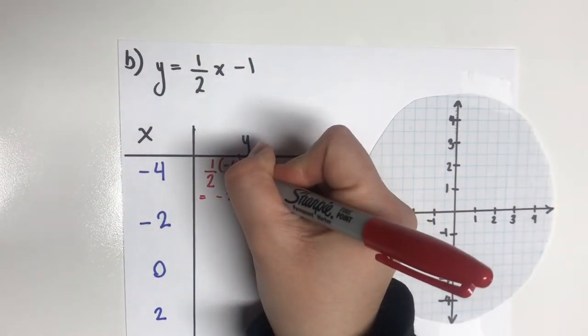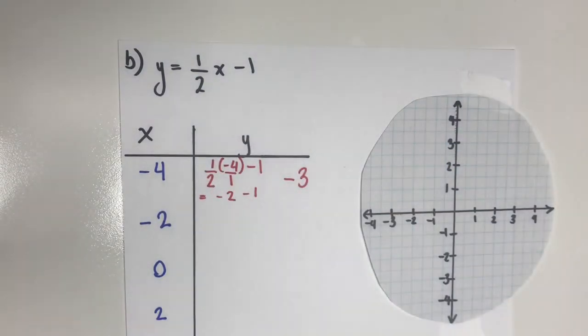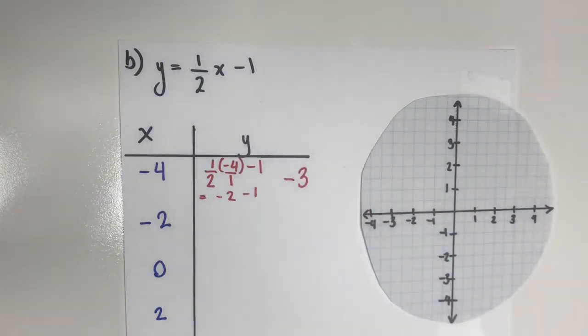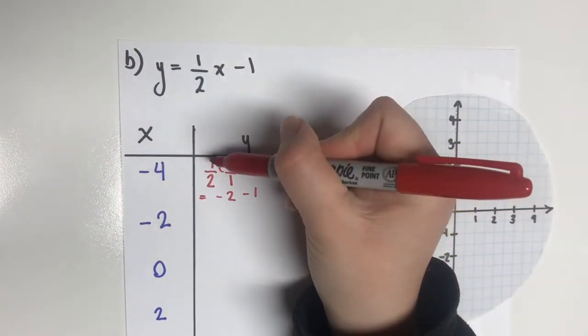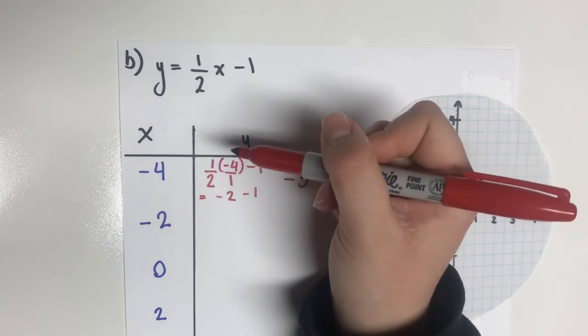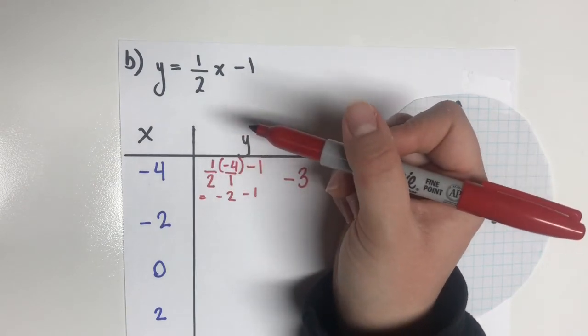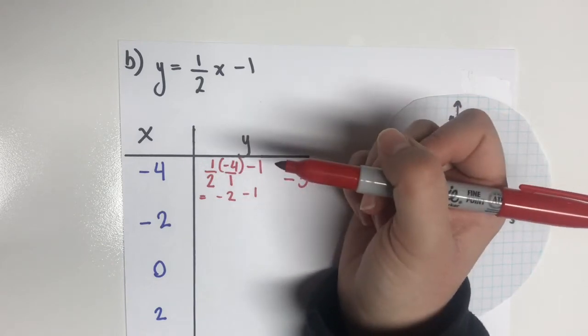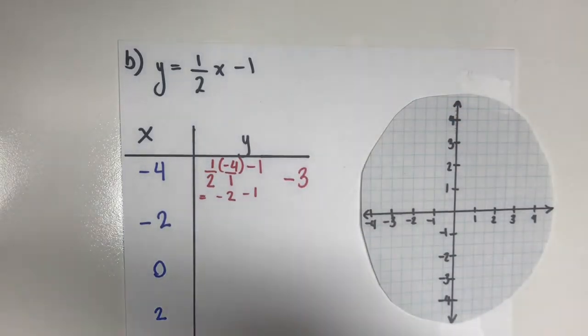You can think of this as having a denominator of 1, so I can divide this way. Or if you wanted to change 1/2 into a decimal, 0.5, and multiply like that, you can. We just run into errors if it was 1/3, because that gives us a long decimal.